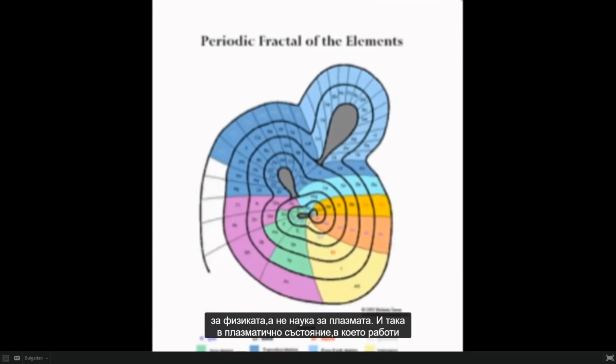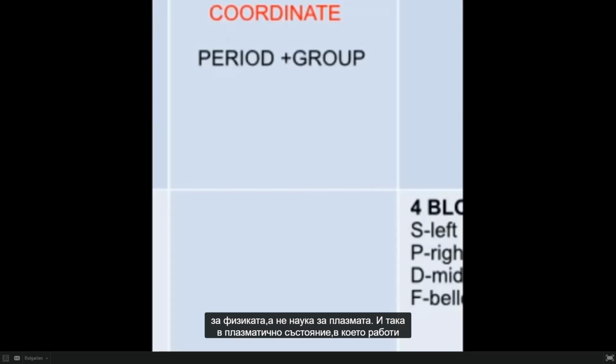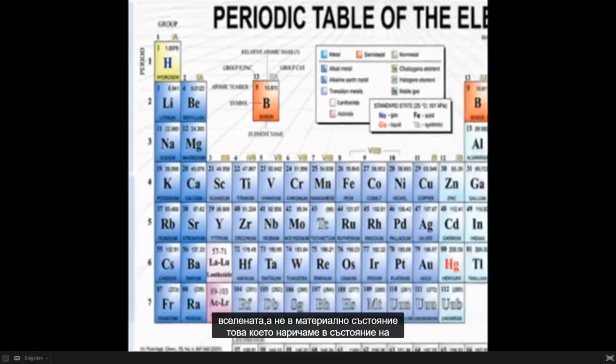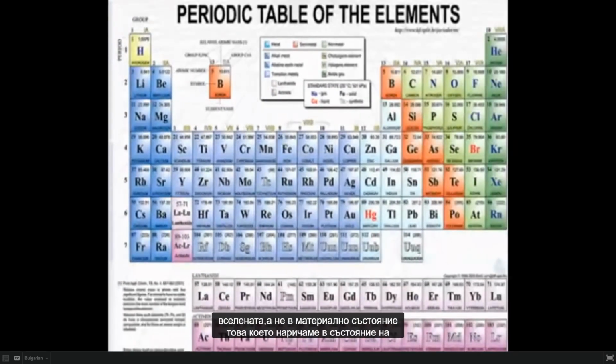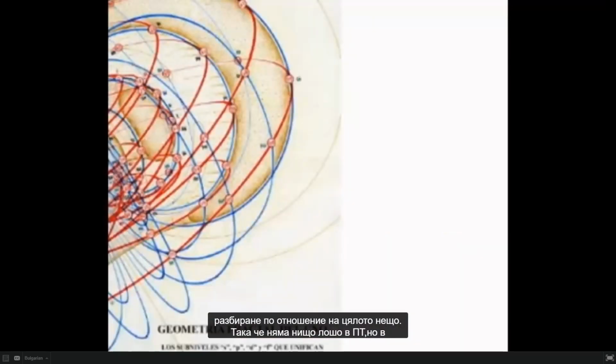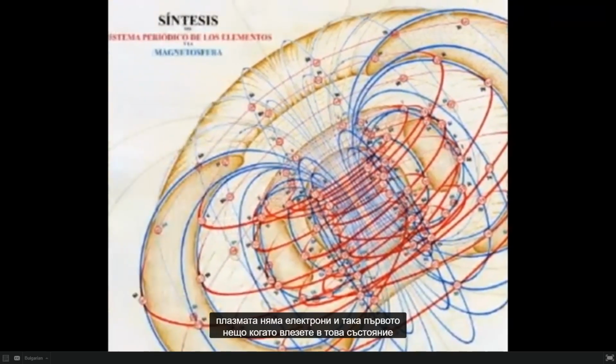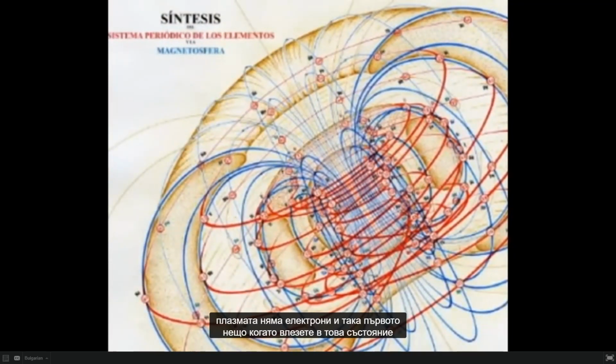So in a plasmatic condition, which is a work of the universe and is not in a matter state, what we call a Ganser state, as a plasma of an entity, you have a different approach, a different understanding of the whole thing. There is nothing wrong with the periodic table, but in a plasma we don't see an electron.